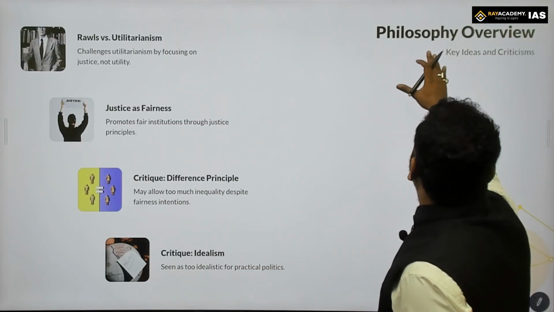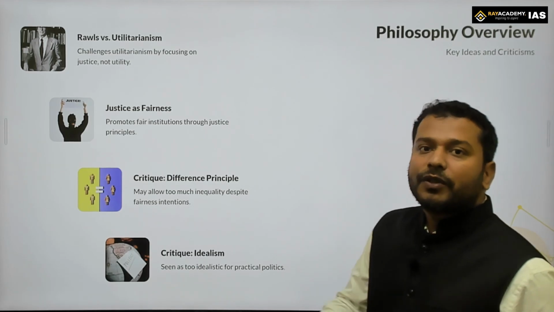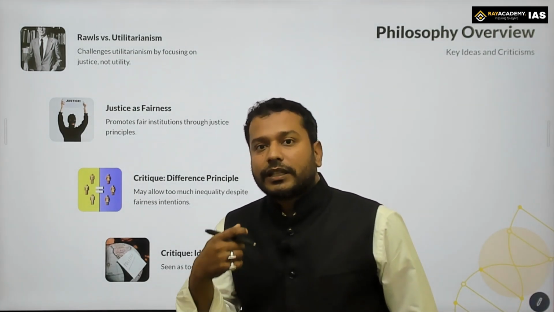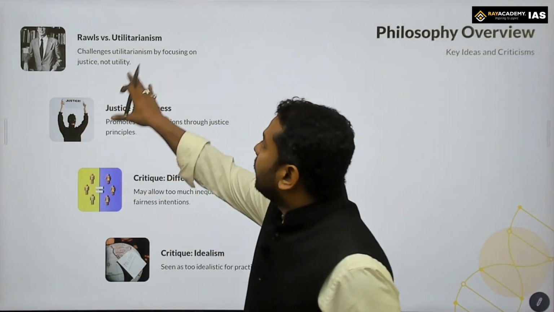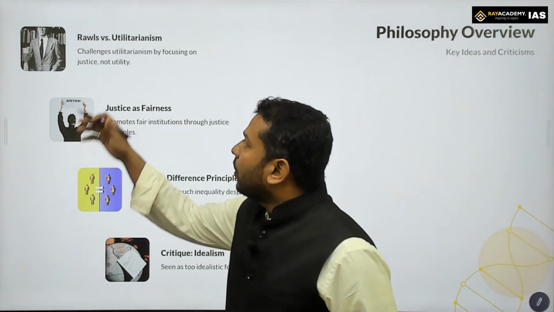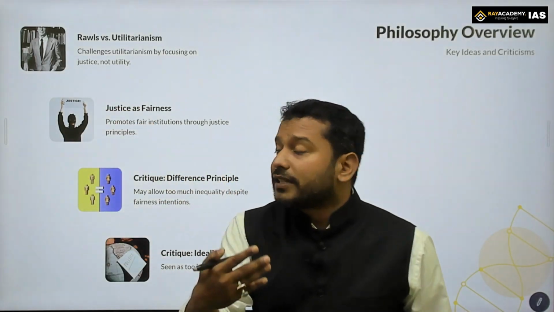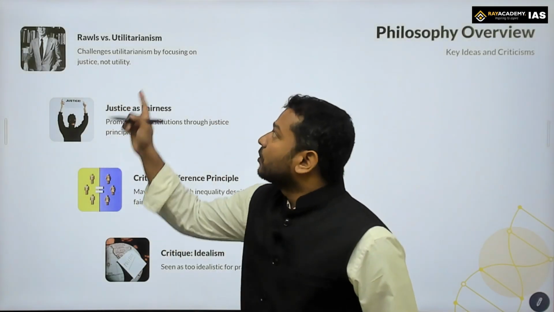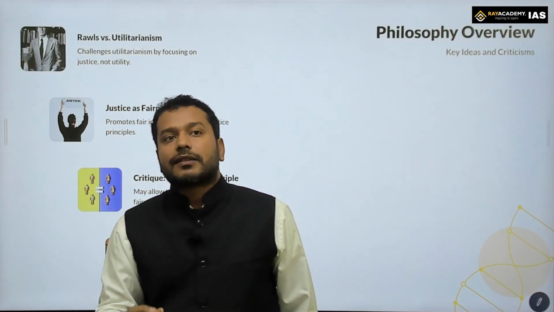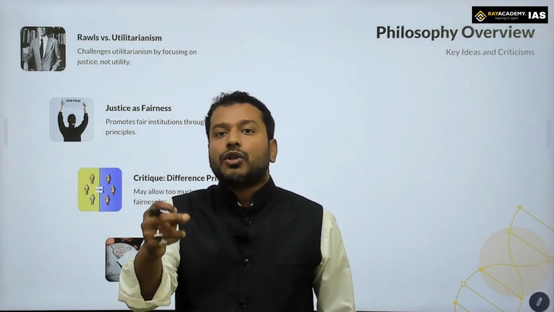now if we look at the philosophy overview, the key principles and criticisms of John Rawls. First is Rawls versus utilitarianism. John Rawls challenges utilitarianism by focusing on justice, not utility. Utilitarianism means those who believe in the utility aspect.